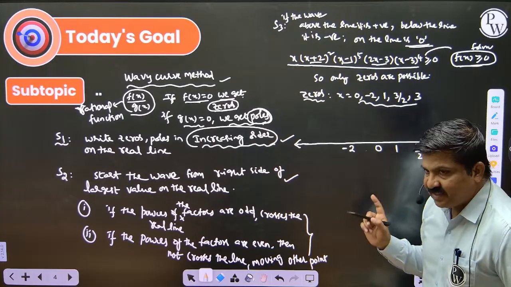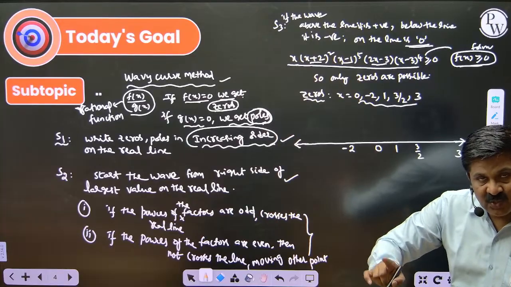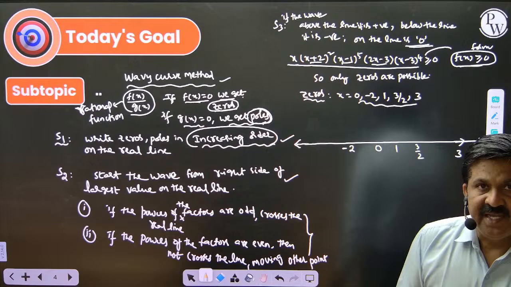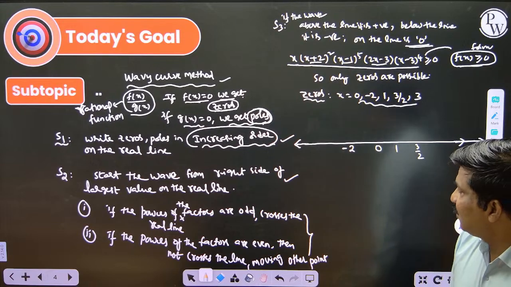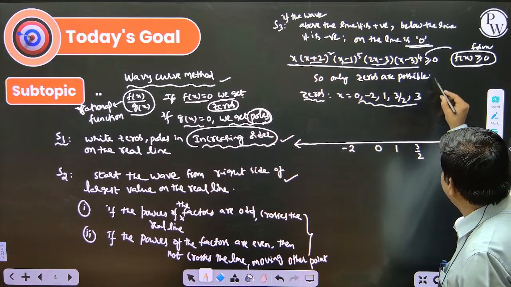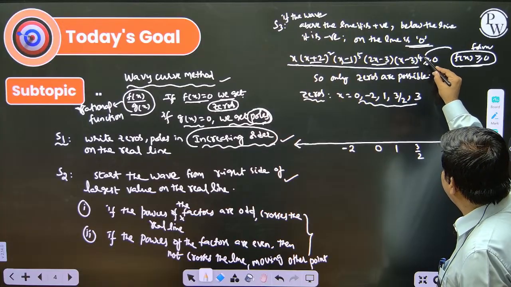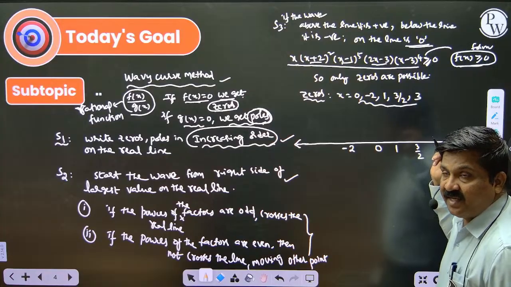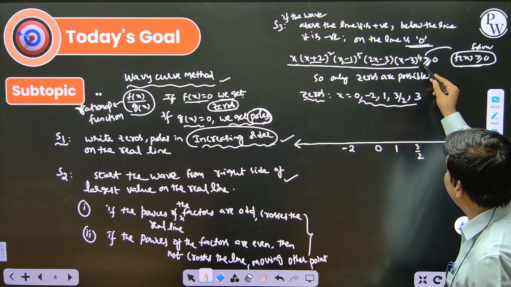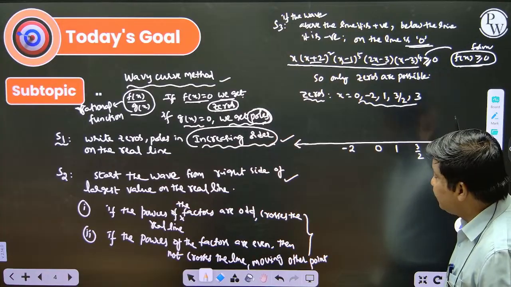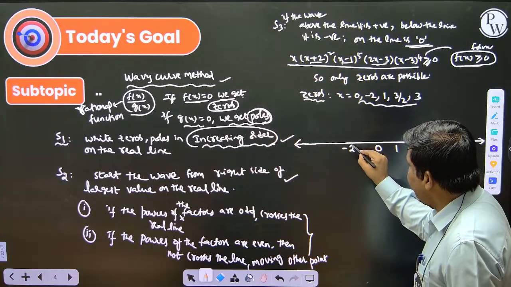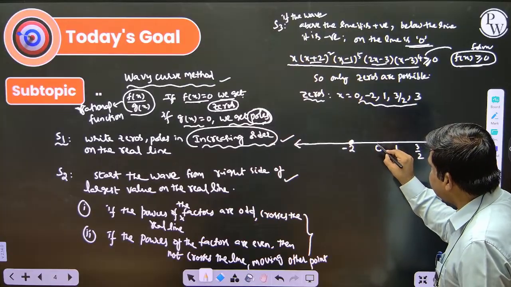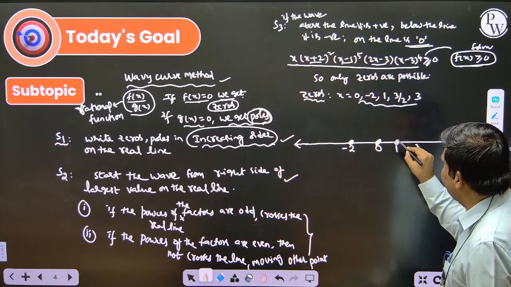Later you check whether these zeros are included or excluded. But here, equal to 0 is there. Equal to 0 is there means 0 is included, so here also the zeros should be included.